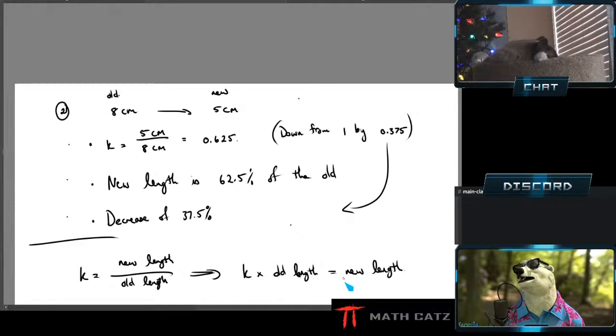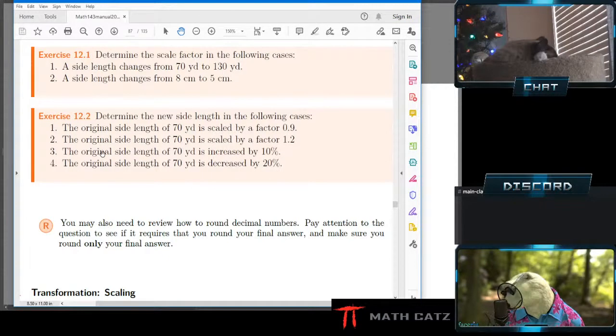That means if I have two of the three, I can find the other one. In the first example, the lengths were given and I had to find the scale factor, so I'll use this first version. But maybe a length is given and I want to find another length from the scale factor and a length. So let's see the next exercise.